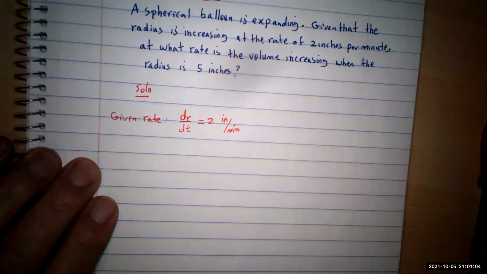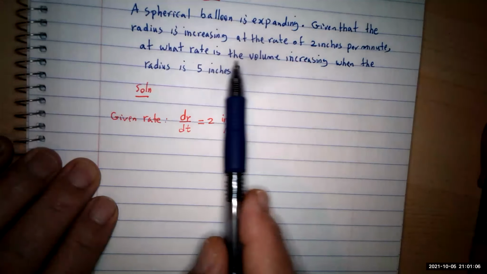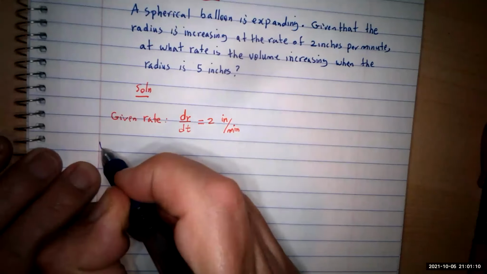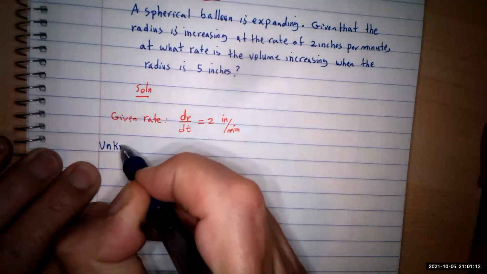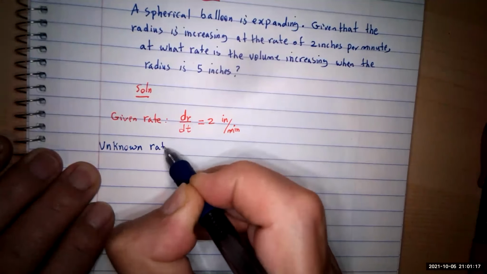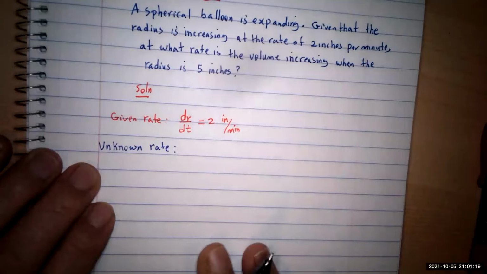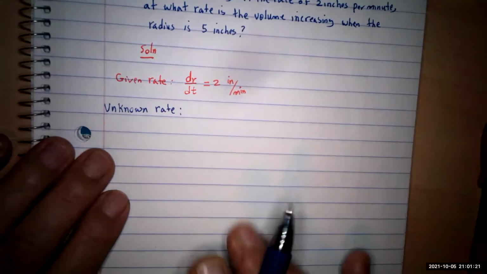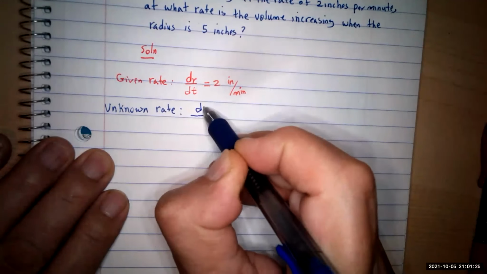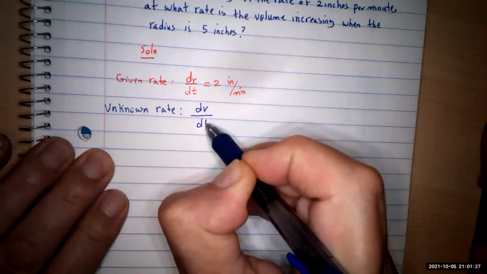What's the unknown? At what rate is the volume increasing? So the unknown rate is the rate of the volume. Volume is denoted by V, so it's dV/dt.